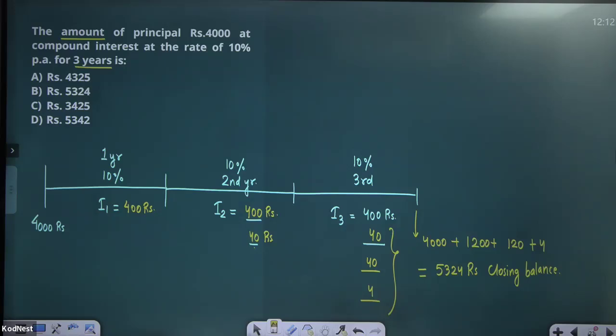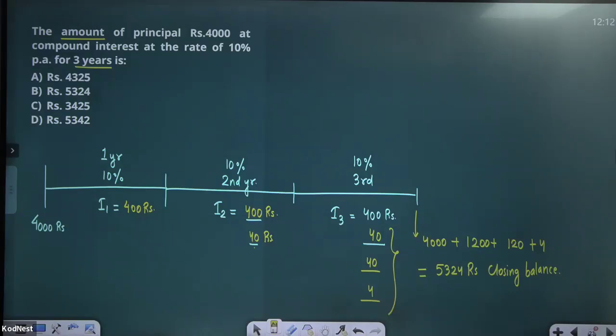Up to 5th. Okay. I will combine it and share.